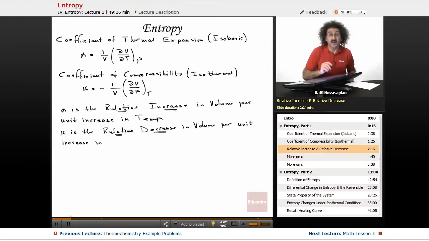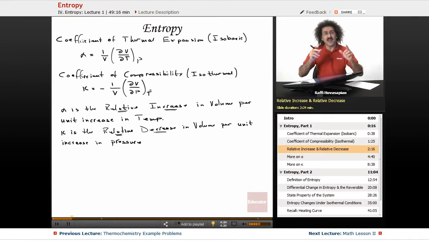The denominator is actually pressure. This is the change in volume with respect to pressure. As I change the pressure, how does the volume change? Well, if I keep the temperature constant of a system, if I increase the pressure of that system, what has to happen? The volume has to decrease. That's where this negative sign comes from. That's what this is saying. So kappa is a measure of the relative decrease in volume per unit increase in pressure.